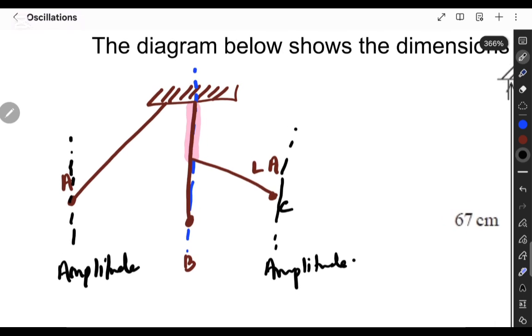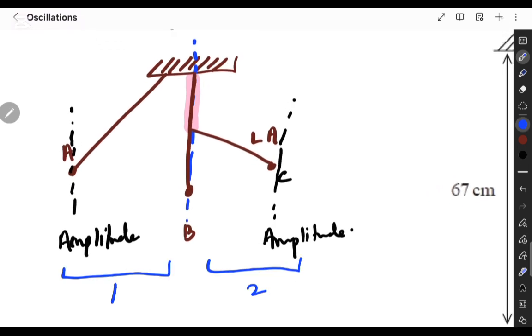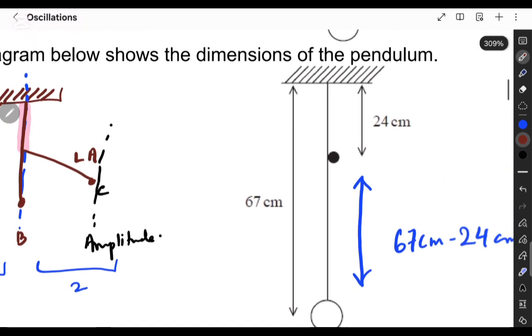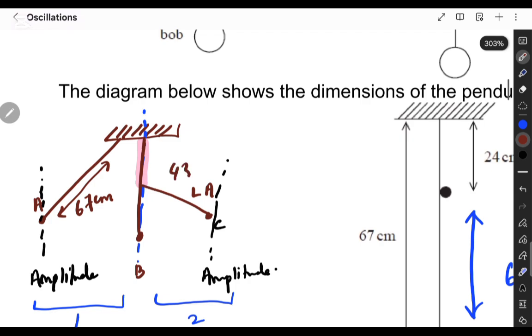Let's divide this into two parts, part 1 and part 2. In both of these parts we have different lengths. Here our length is going to be 67 centimeters, and in the second part our length will be 43 centimeters.